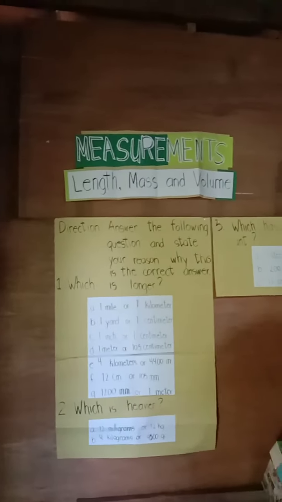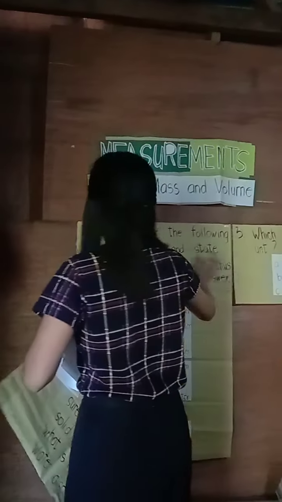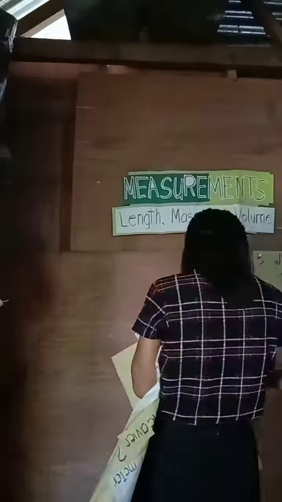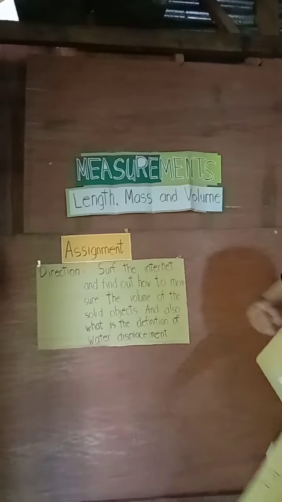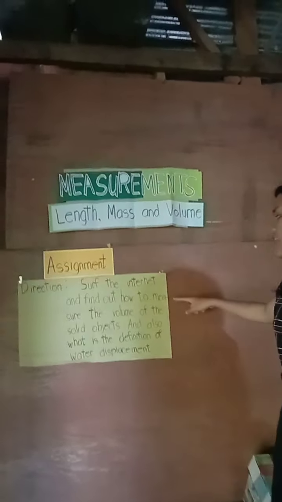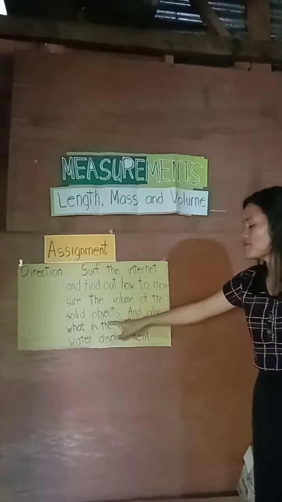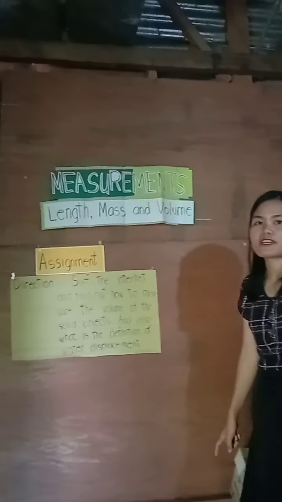Okay, since everybody is done, I will remove this. Get your notebook and copy your assignment. Surf the internet and find out how to measure the volume of solid objects, and also what is the definition of water displacement.